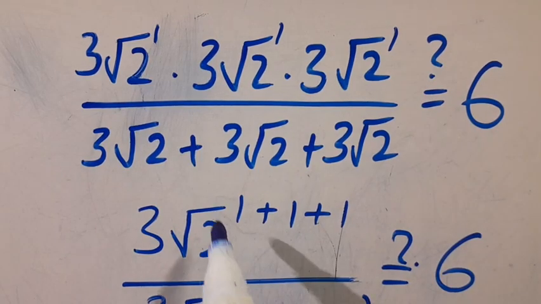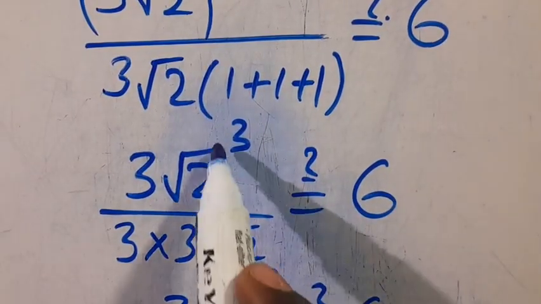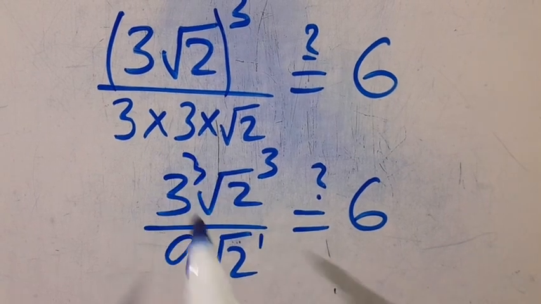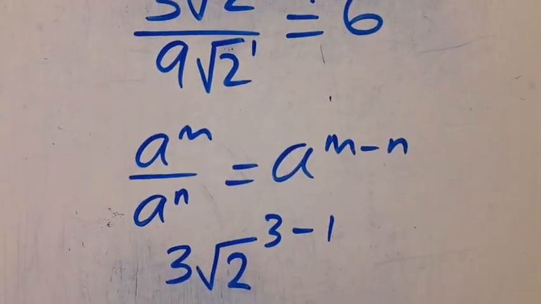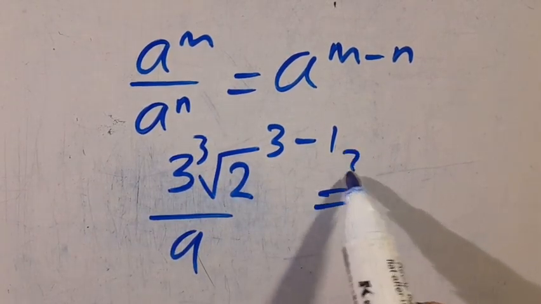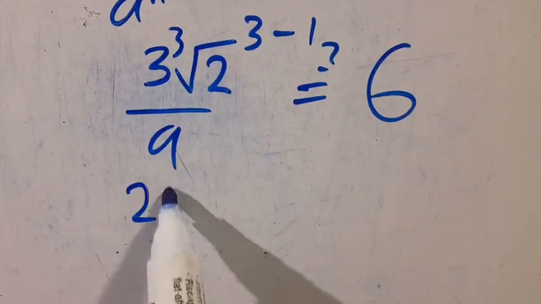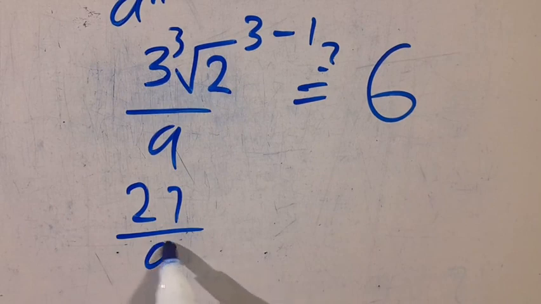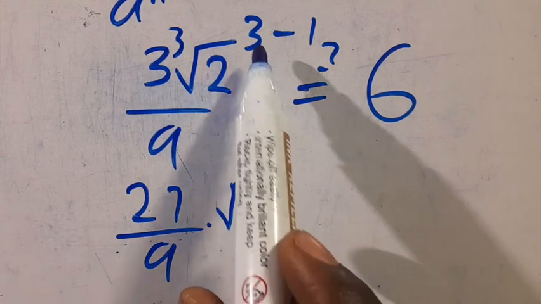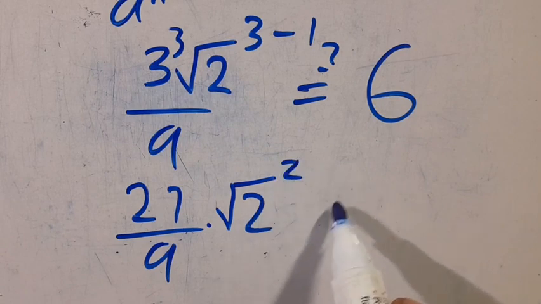So from here, this we have in parentheses as this. So it will be like this, to the power of 3, here will be to the power of 3. So here also will be to the power of 3. Then it's going to give us 6. 3 to the power of 2 will give us 27 divided by 9. Then multiply by root 2 to the power of 3 minus 2 will give us 2.